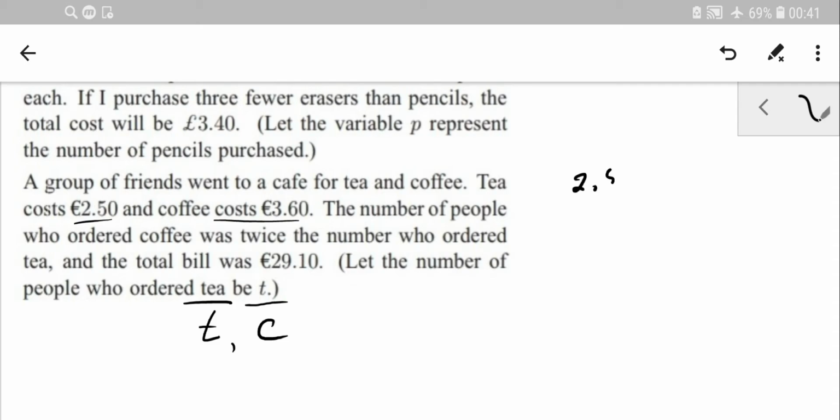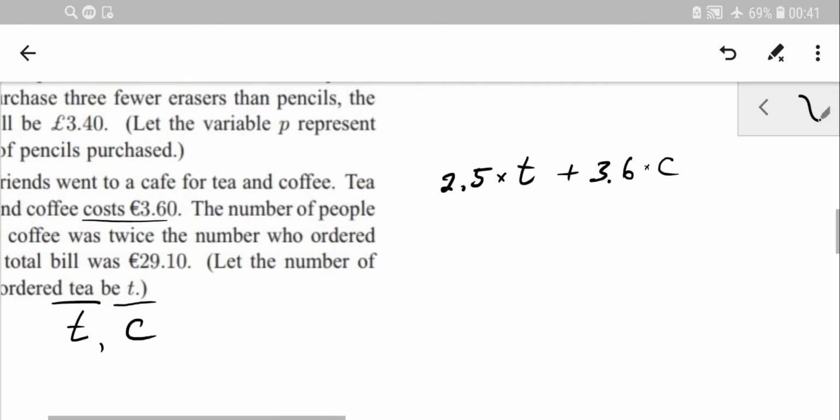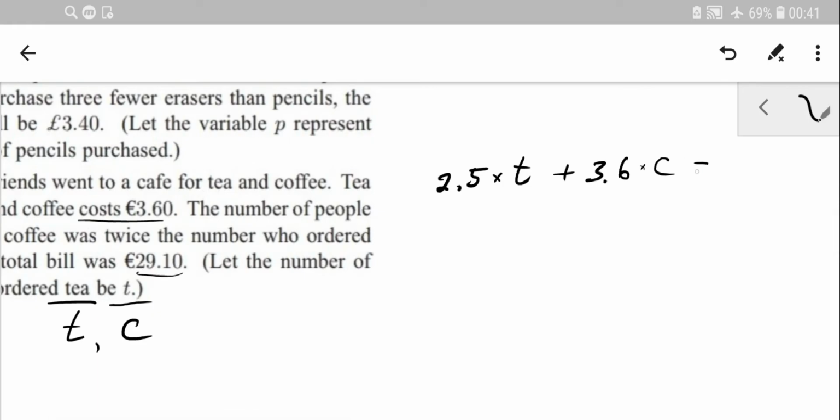So 2.5 euro per tea, so we multiply by T, that's the total cost for tea, and then 3.6 multiplied by C, and that's how we arrive at the total cost, 29.10.